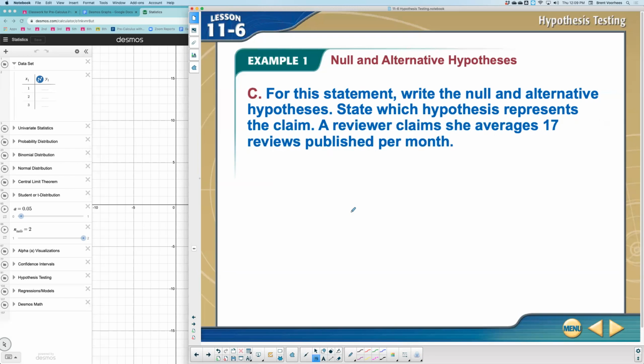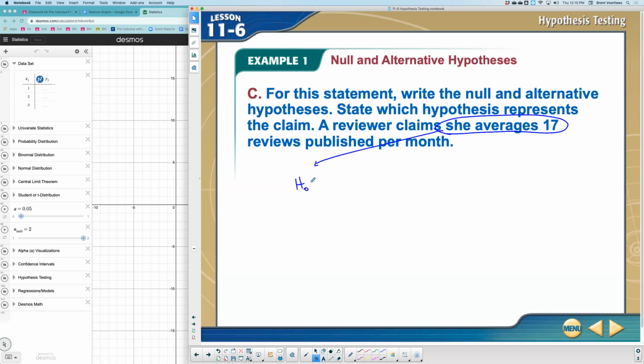Now let's look at part C. A reviewer claims that she averages 17 reviews published per month. So that is an equal claim: she averages exactly 17. This is going to be the null hypothesis.